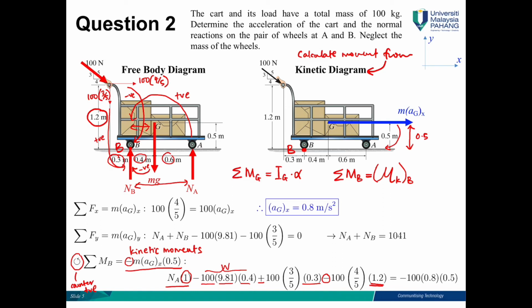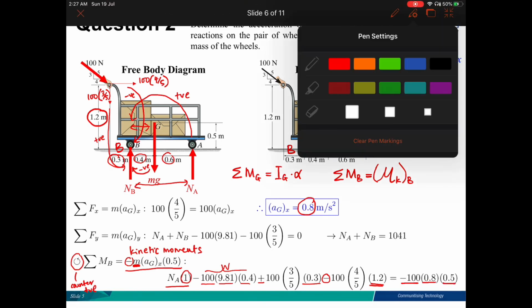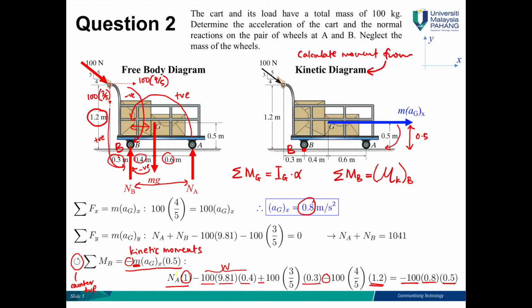And on the right hand side is the kinetic moment, minus 100 for the mass m, a_G is what we have calculated here, 0.8, and finally 0.5. So from here, straight away we will get the value of N_A, because the rest are all known values, and only N_A is the variable here.